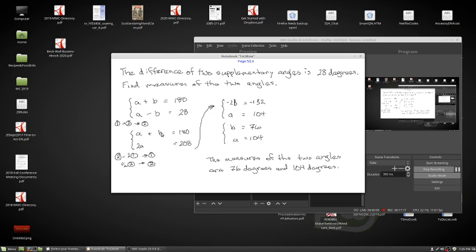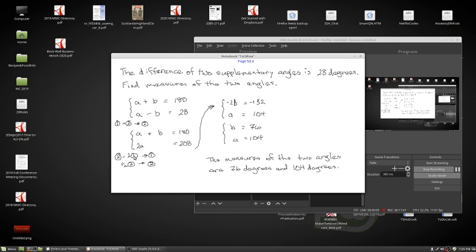So we still have A plus B is equal to 180, but when we add these two, we get 2A on the left. B minus B is a 0, that drops out. And then 180 plus 28 is 208. We'll go ahead and divide through by 2 here, or multiply by 1/2. And that gives us that A is equal to 104.